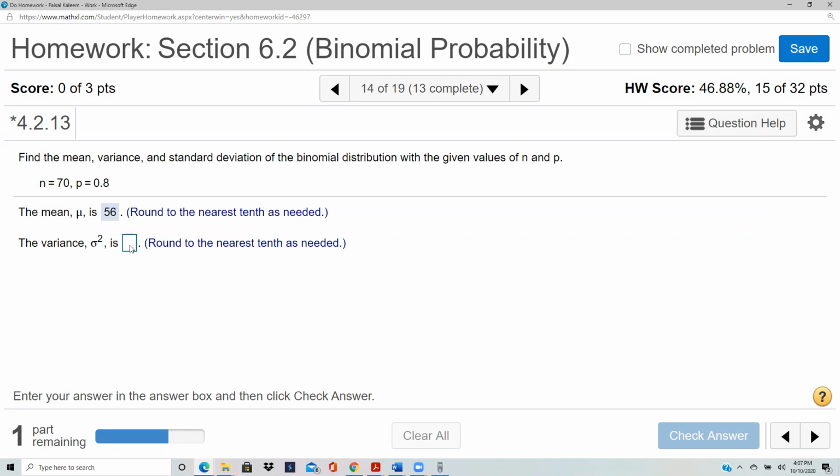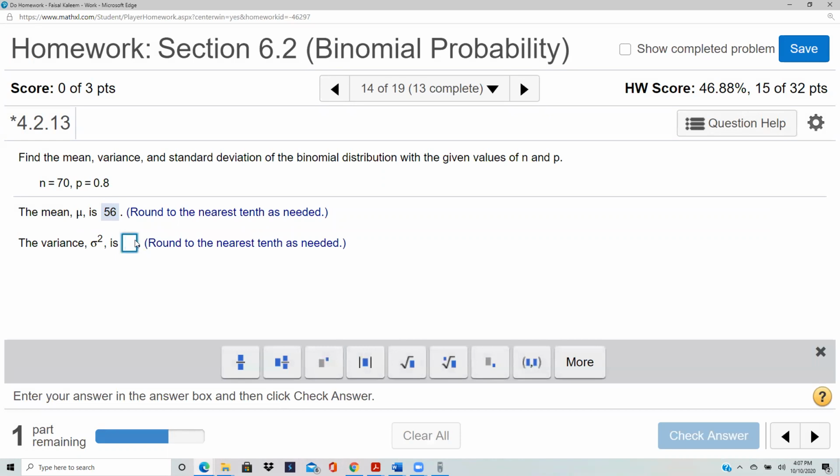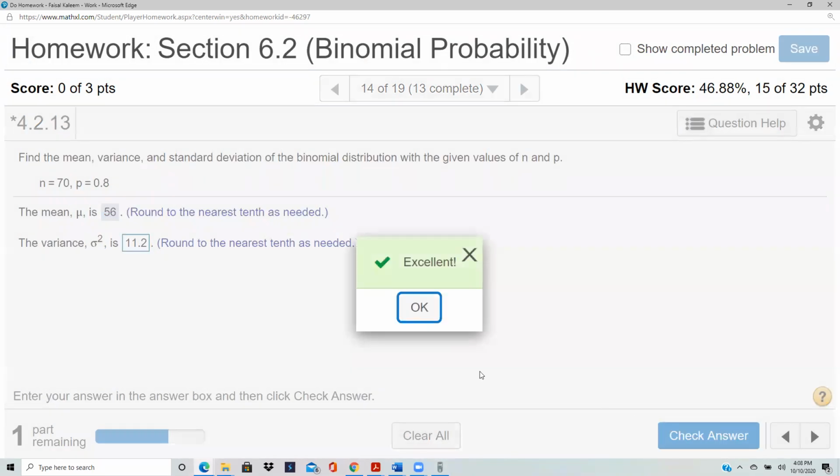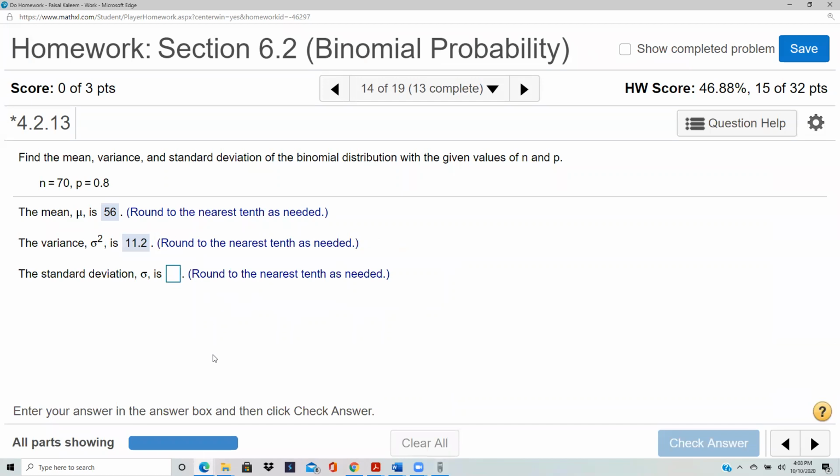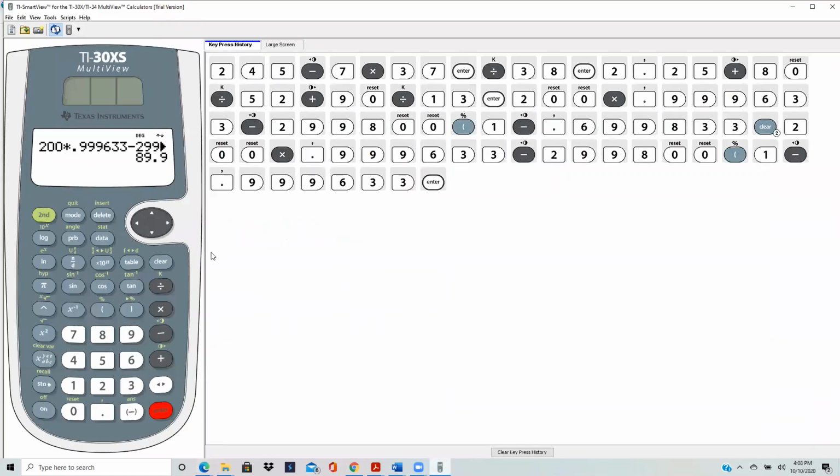So it'll be 70 times 0.8 times 1 minus 0.8. And that will be 11.2. And the standard deviation will be the square root of the variance, or the square root of 11.2.